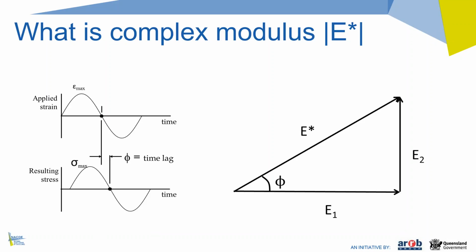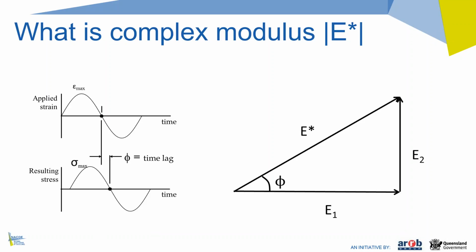So, as shown in the graph on the left, if we introduce a displacement load to a specimen, here shown as a strain, then there's a lag between the maximum strain and the maximum stress, and that lag is the phase angle, the time lag.